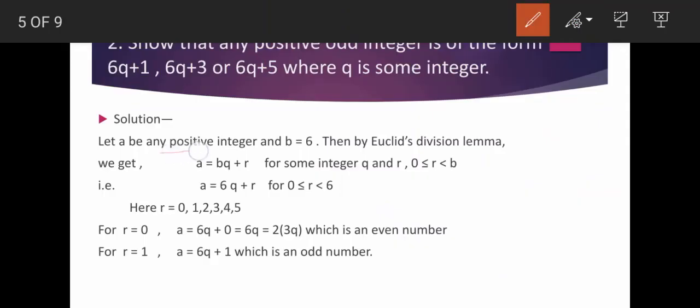So a is any positive integer where b is 6. I mean a and b are two integers where a is any positive integer and the value of b is 6.